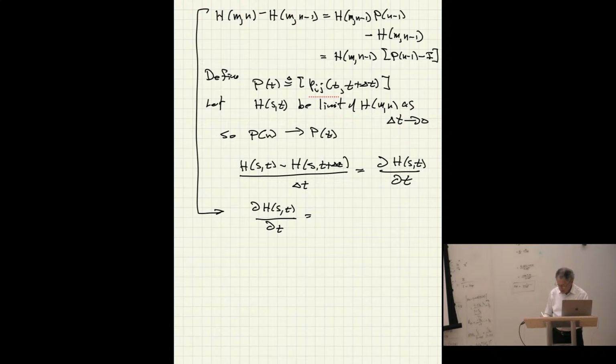It will be itself, h of s and t, times Q of t, a matrix, where Q of t is defined as the limit as delta t goes to 0 of P of t minus the identity matrix over delta t. And this is for s less than t.